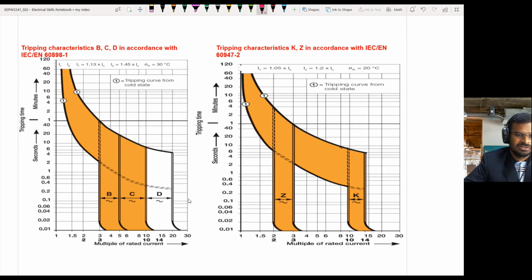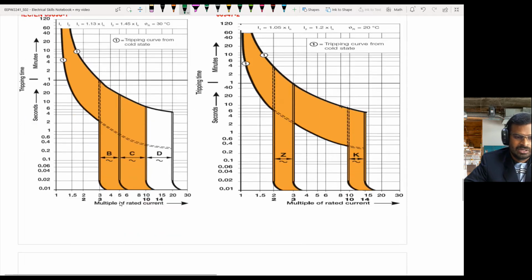Now let me take one of these curves to explain how B type and the other types are different from each other. So let me take one value, say B10, or let us take B6 as well, no issues with that.